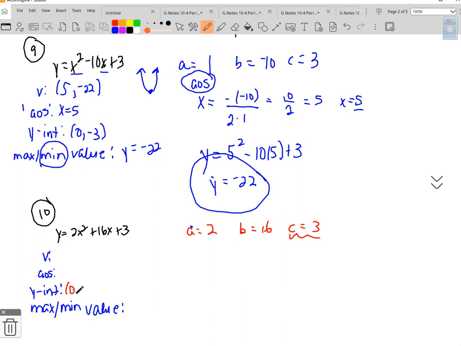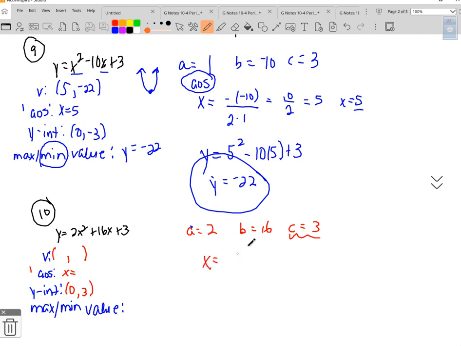It's always a 0 in the x spot, and whatever C is. We need a vertex. We know it's going to be an ordered pair. But we have to start with our axis of symmetry here. It's going to be an x equals equation.